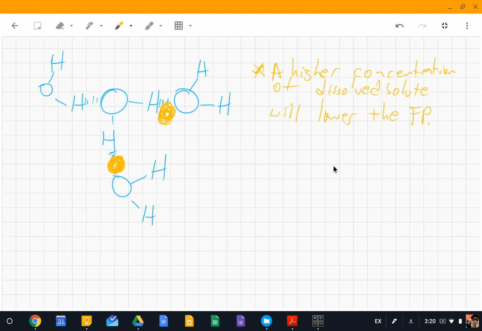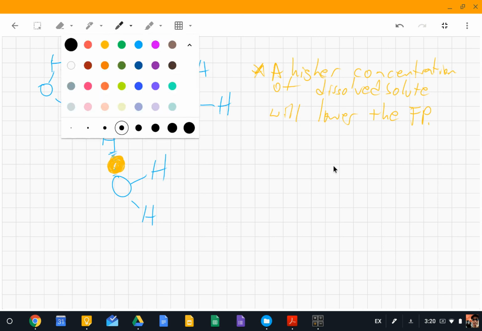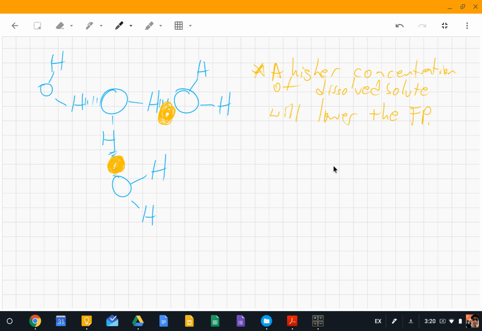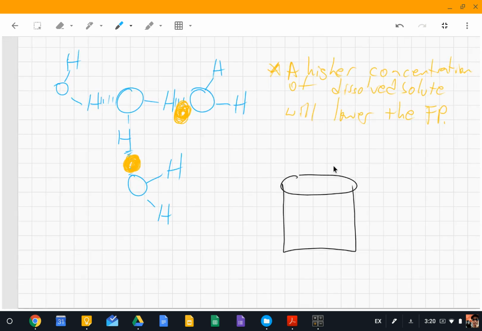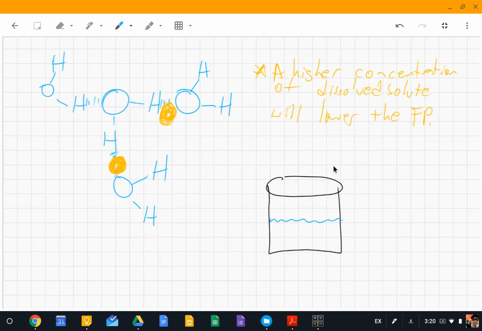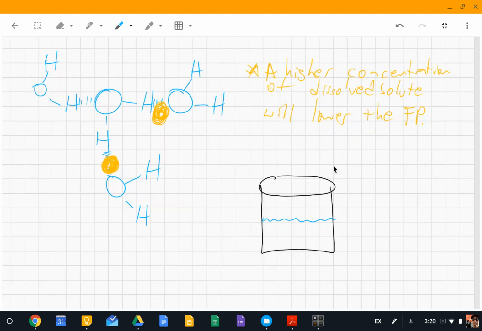Okay, and there's something else that happens while we're at it. Not only does adding more of a solute to water lower the freezing point, think about if you have a container of water. Here, let me draw some water. So here's plain water. Now you've got to think the top layer here is water molecules.